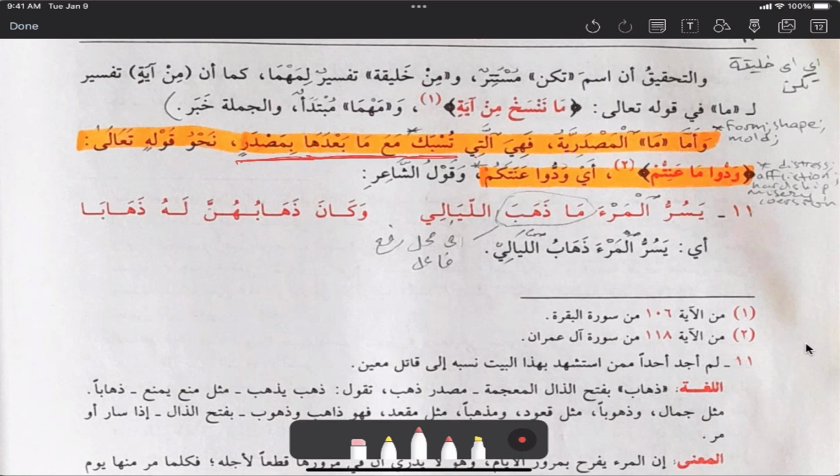So, let's look here. When you're translating, you're looking at it from the outside in. Yani, outside means Arabic's not your first language. You're looking at it from the outside, you come across ma. Probably the first thing that's going to cross your mind is what? So what do they love?